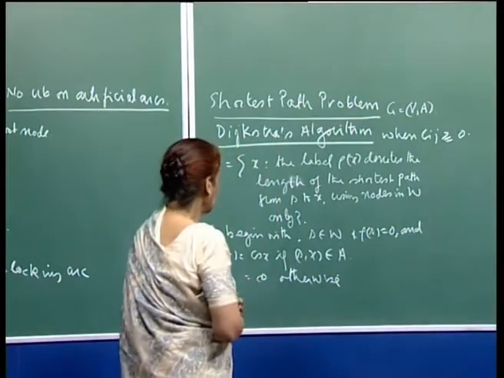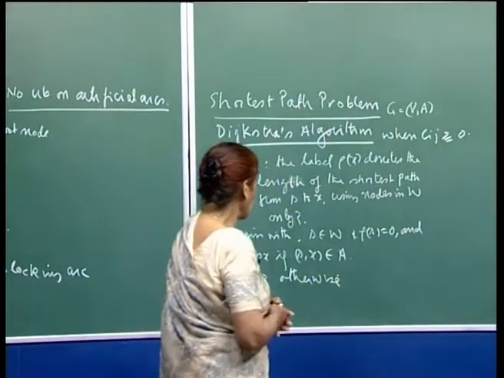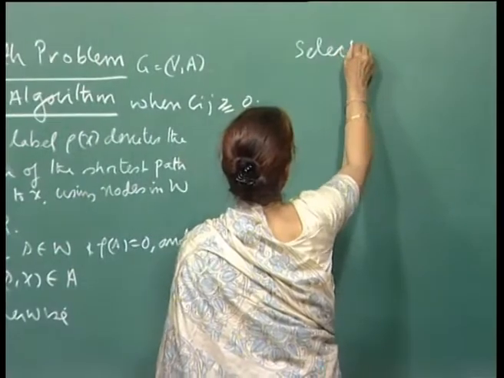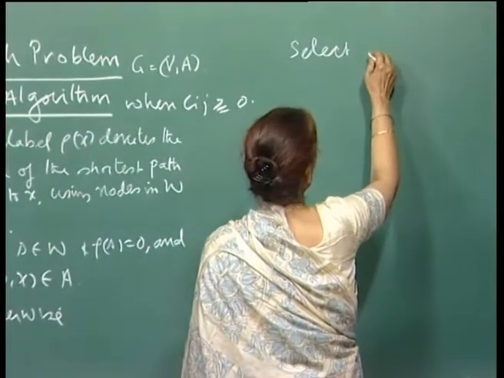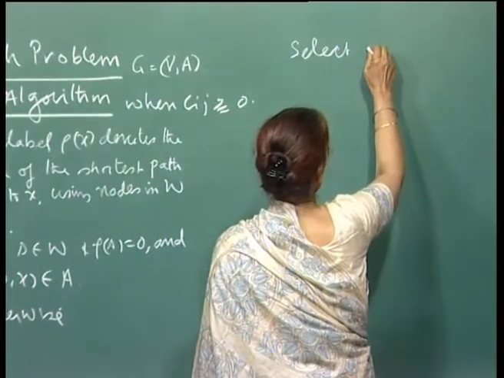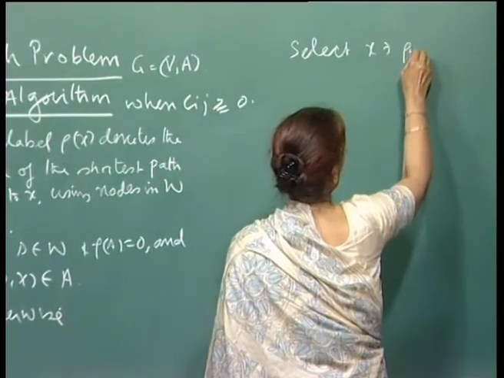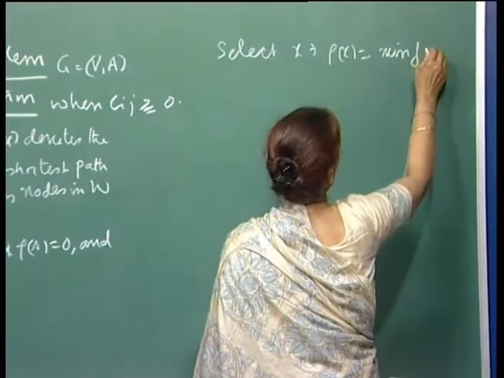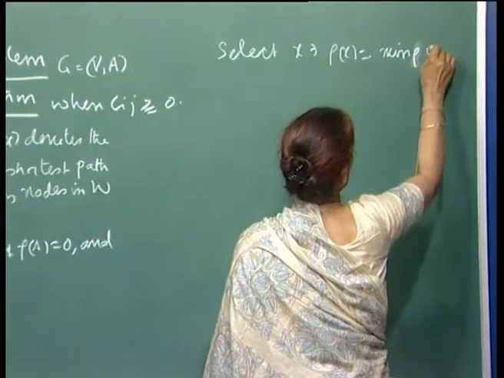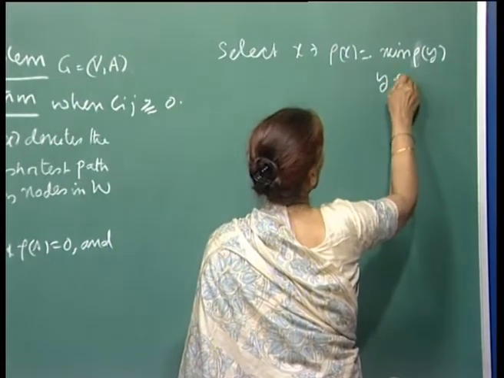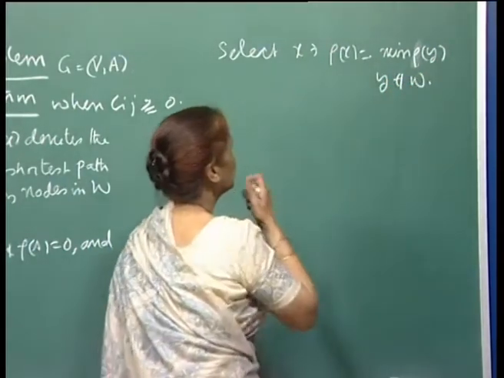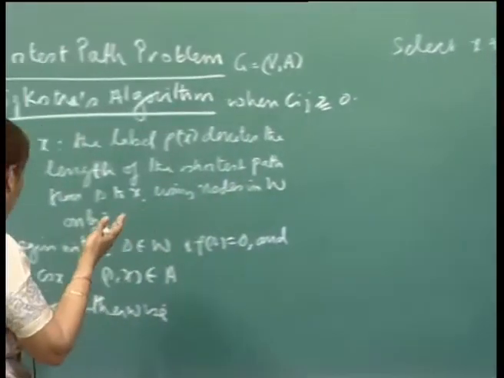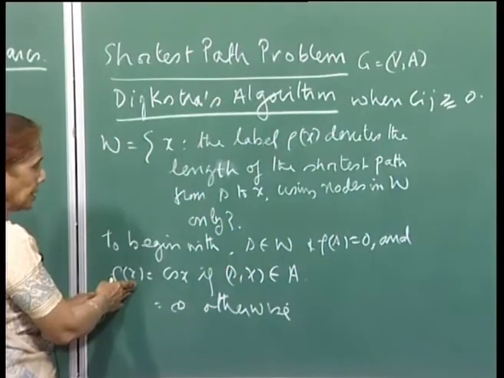Then what we do is we select X such that rho X is the minimum of rho y, y not belonging to W. So, you have given the labels, that means all the labels are defined here in the beginning.